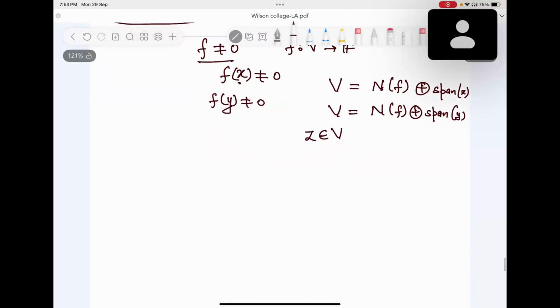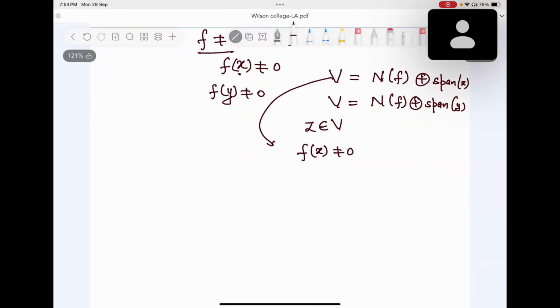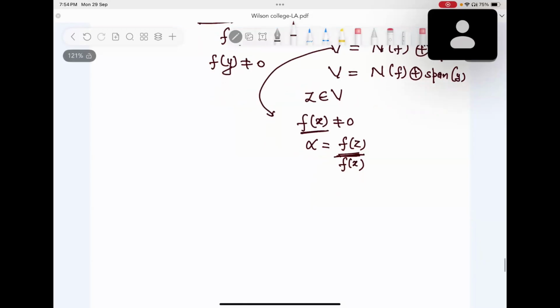Let's prove the first one. So f of x is not equal to 0. Now take alpha as f of z divided by f of x. We can do this because f of x is a scalar, and because f of x is non-zero, we can divide f of z by f of x.